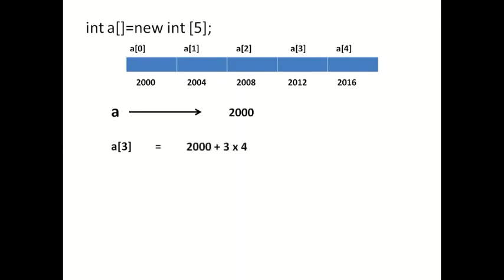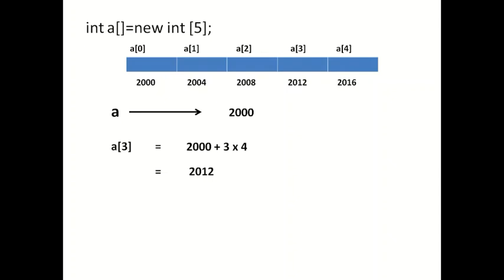We have the base address plus the index, here 3, multiplied by the data size, that is 4, and the answer is 2012. In this way, the computer internally calculates the address of any specific location.